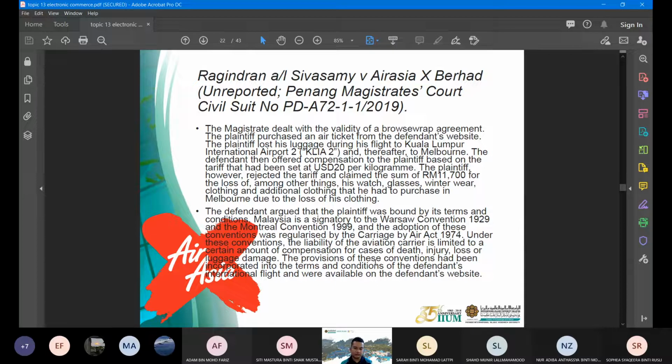There is a certain cap in cases of death, injury or loss of luggage. So you cannot simply say, I don't care, I want to claim 1 million or 2 million. The claims or compensations are guided by these conventions.